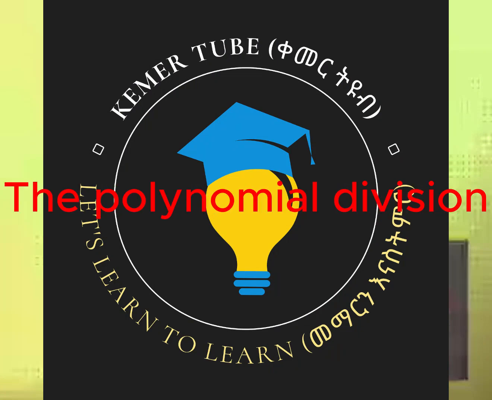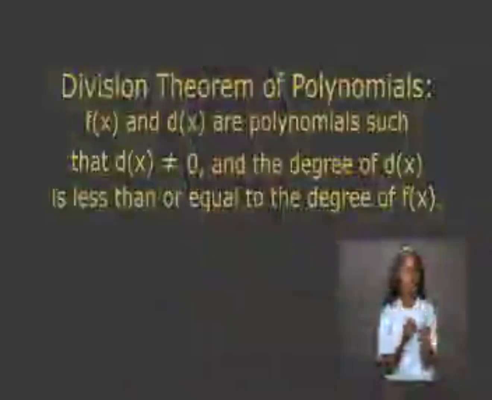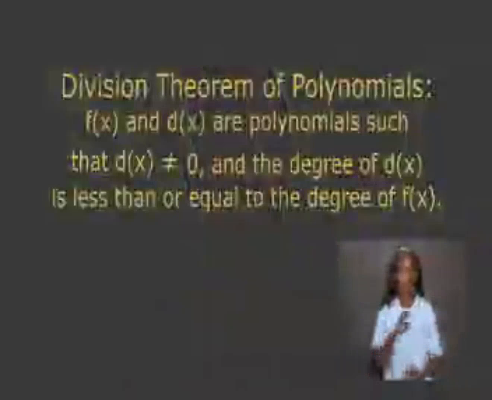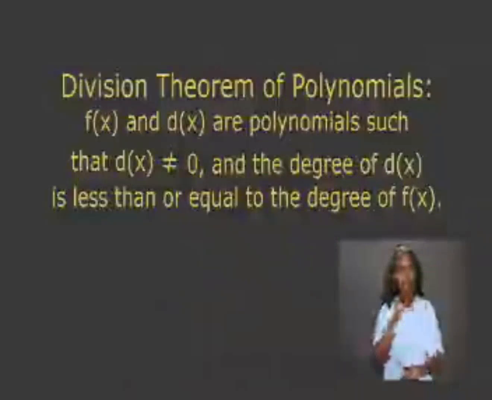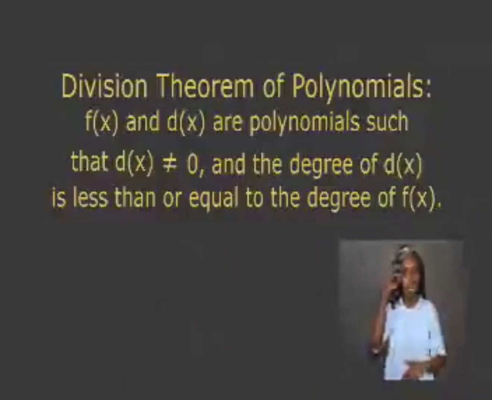The polynomial division theorem is defined as the following: f of x and d of x are polynomials such that d of x does not equal 0, and the degree of d of x is less than or equal to the degree of f of x.